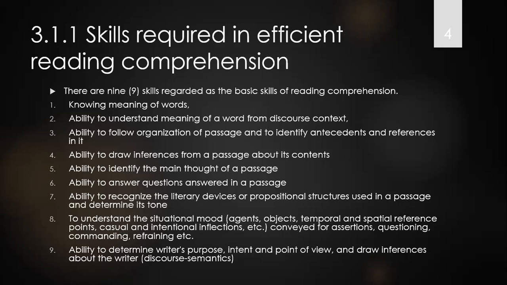Okay, so the 9 basic skills of reading comprehension are: knowing the meaning of words; ability to understand the meaning of a word from discourse context; ability to follow the organization of a passage and to identify antecedents and references in it; ability to draw inferences from a passage about its content; ability to identify the main thoughts of a passage; ability to answer questions answered in a passage; ability to recognize the literary devices and propositional structures used in a passage and determine its tone, to understand the situational mood conveyed for assertions, questioning, commanding, referencing, and so on.